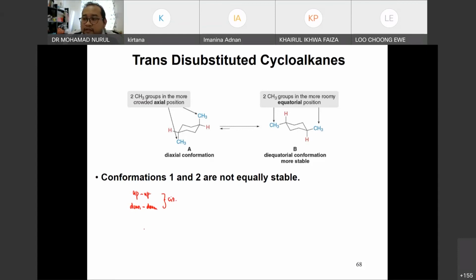Cis: up, up, down, down. Trans: in this case, for the trans compounds, this one is up, this one is down. It's correct. Check again your answers. This one is down, this one is up. Trans.